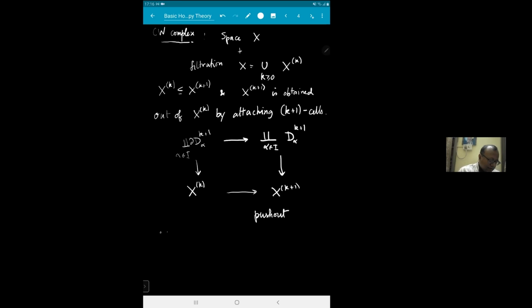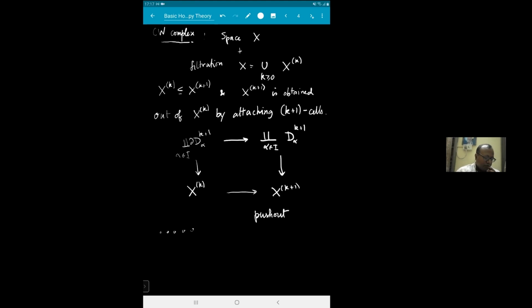And then there is a condition which I'm not mentioning, which comes up if the cells go all the way up to infinity: it has to be given the colimit topology. That means a set is open if and only if its intersection with X_k is open for all k.